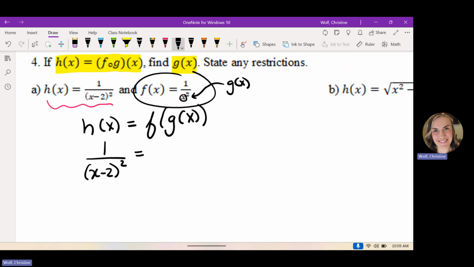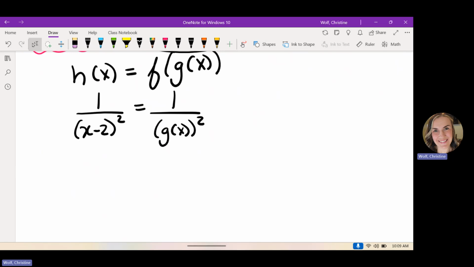That's what we've been doing this whole lesson, putting g inside of f. So on my right-hand side, I would have 1 over x squared, but it wouldn't actually be x anymore. I would have put g of x in there and then squared it. I just don't know what g of x is, so I leave it as g of x. Am I making sense? Okay.